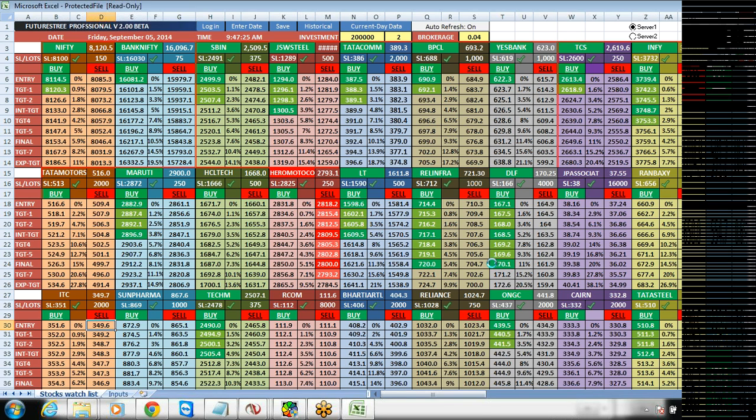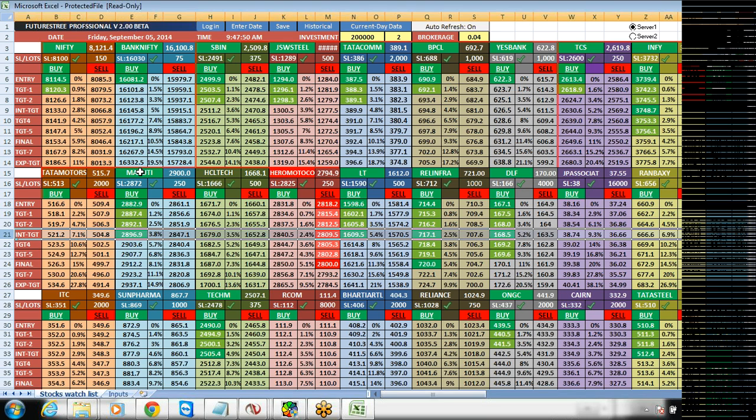DLF has already made its final target. The target levels are here, these are the final targets. So you can exit at final targets or intermediate targets, or you can keep trailing your stop losses till it reaches its targets or your targets. These are the crucial levels, that is the intermediate target and the final target.